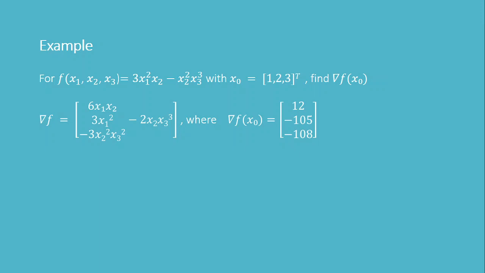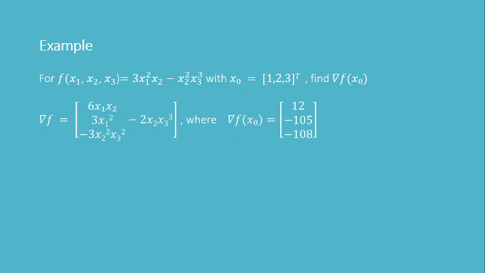So del f will be a vector whose first element is ∂f/∂x1, that is 6x1 x2. The second element will be ∂f/∂x2, which is 3x1² minus 2x2 x3³. And the third element will be ∂f/∂x3, which is minus 3x2² x3².